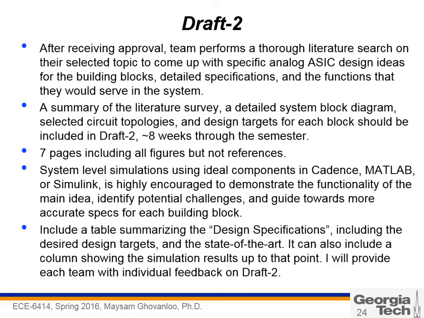And you also need to include a summary of the literature review. Basically, what is this system good for, what is the state of the art, and what is it that you are going to implement and deliver by the end of the semester. You have 7 pages for this draft, not including the list of references.